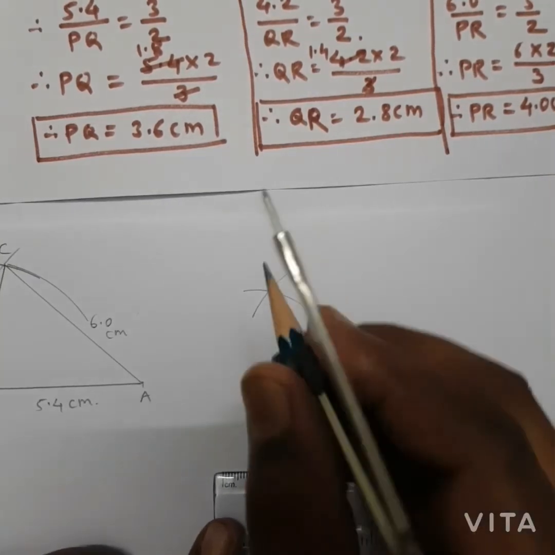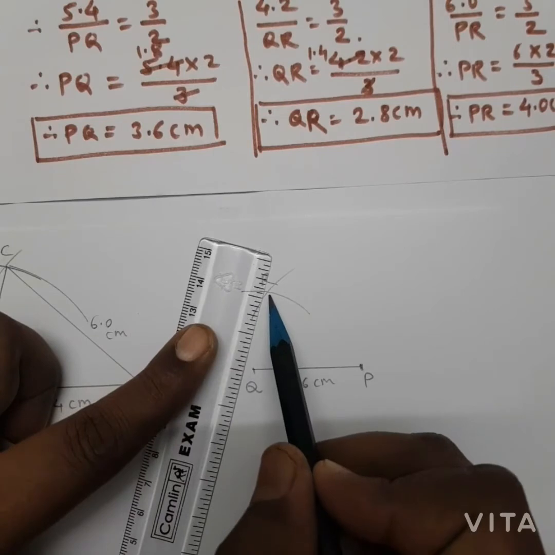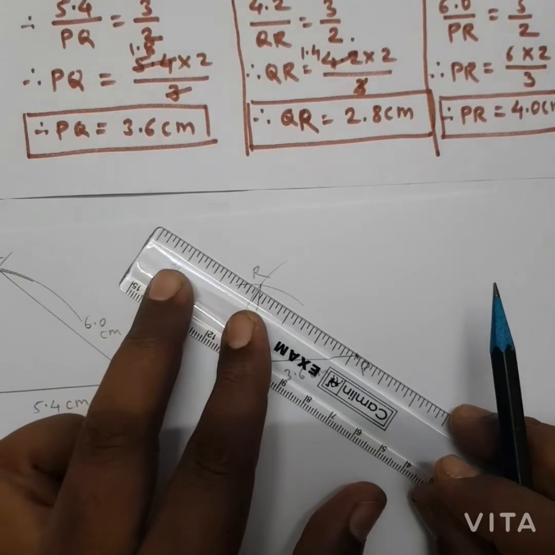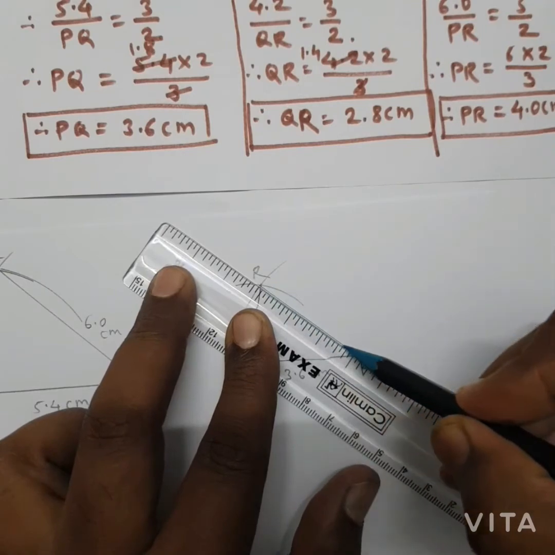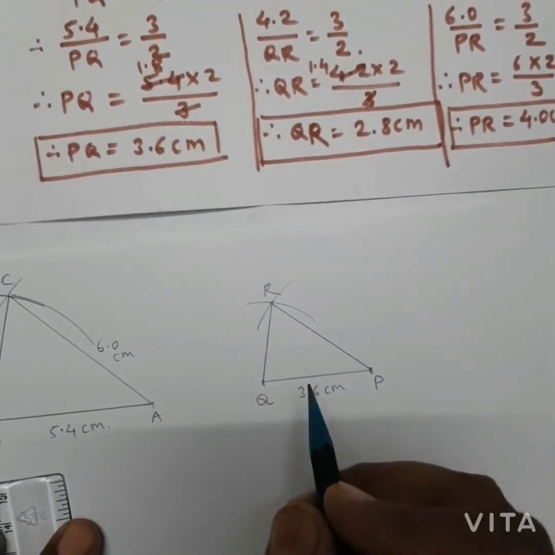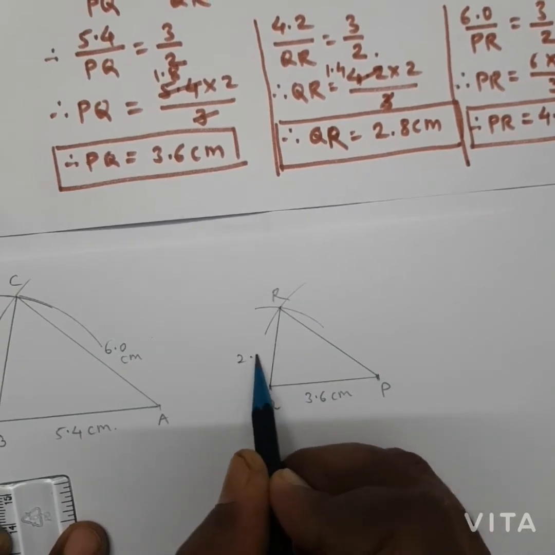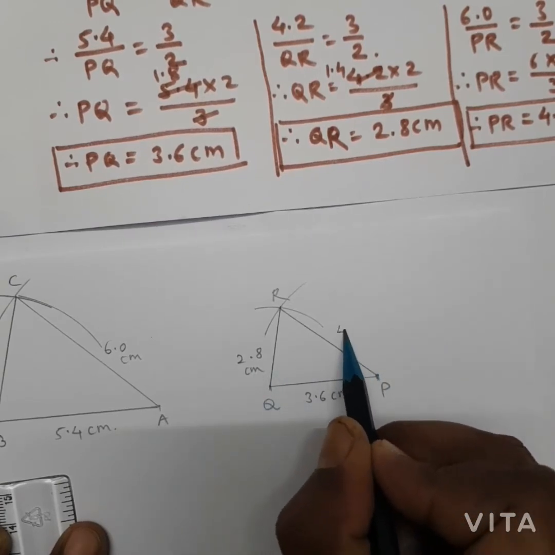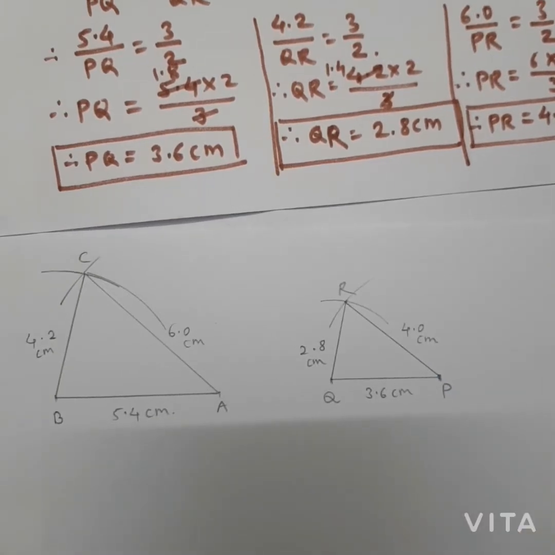It is point R. Now join point R with points P and Q. It is triangle PQR. QR is 2.8 centimeter and PR is 4.0 centimeter. This is our second triangle, triangle PQR.